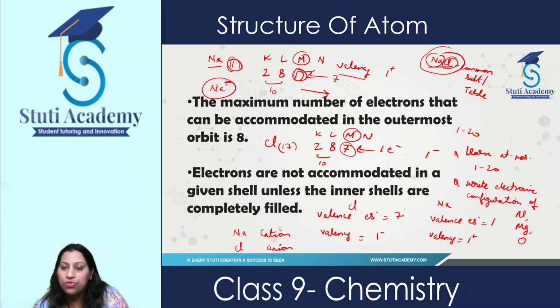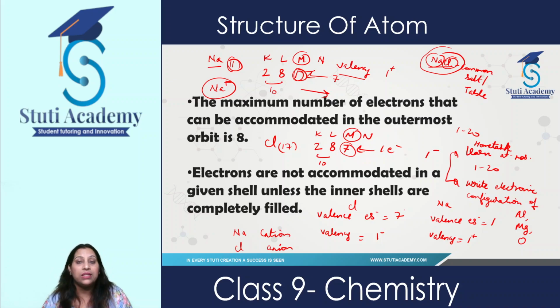So these are the 2 questions I'm giving you as a home task, and in next class I'll discuss these with you. I'll discuss valency and valence electrons of each and every element from 1 to 20. So first learn these atomic number and write down their electronic configuration.